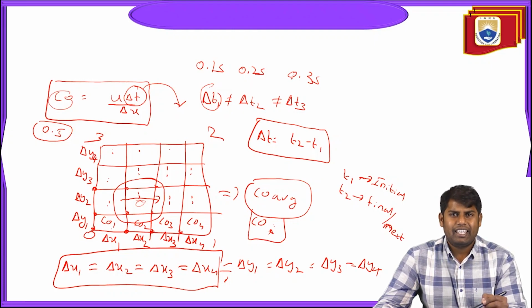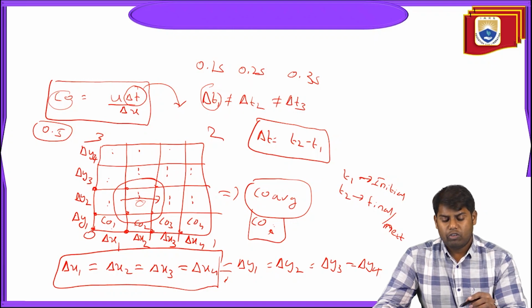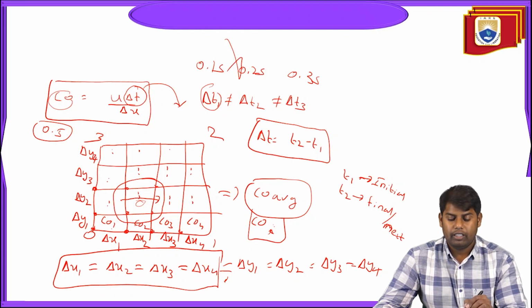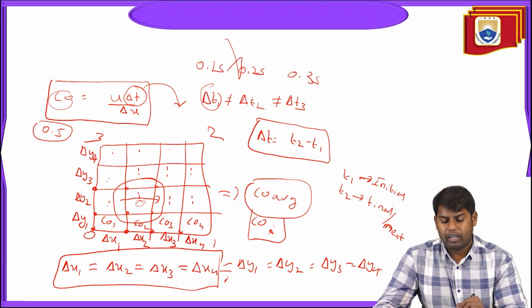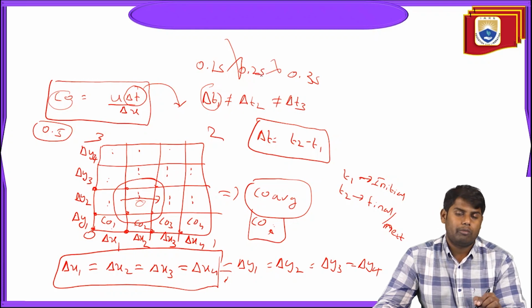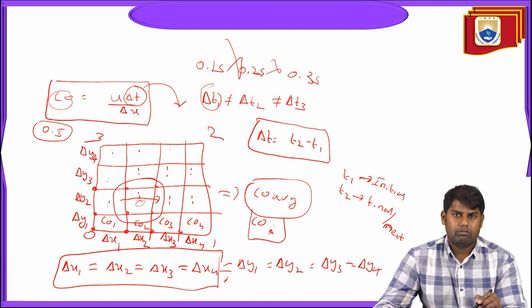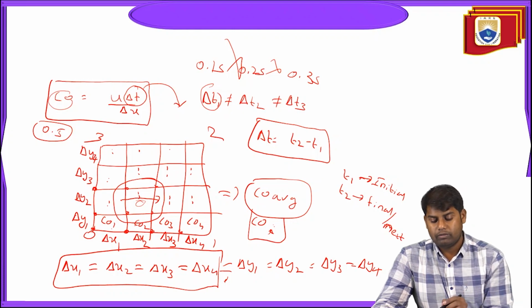When I change the delta t, your numerical simulation results should not change. That is very, very important. If the results change between delta t1 and delta t2, this will not be final. If they change between delta t2 and delta t3, this also will not be final. So these three are wrong. Now we have to optimize.